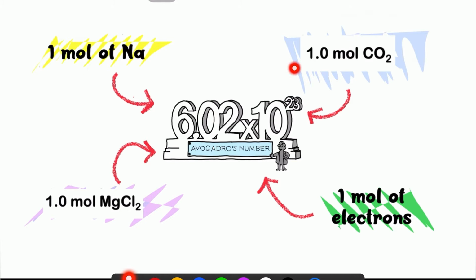So in 1 mole of carbon dioxide, it consists of Avogadro number of molecules. And magnesium chloride is an ionic compound, so we use formula unit. In 1 mole of magnesium chloride there is Avogadro number of formula units. And for electrons, 1 mole of electrons consists of Avogadro number of electrons. So this is the relationship between the Avogadro number and mole.